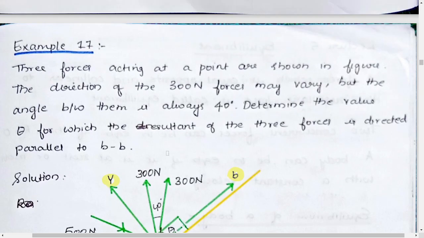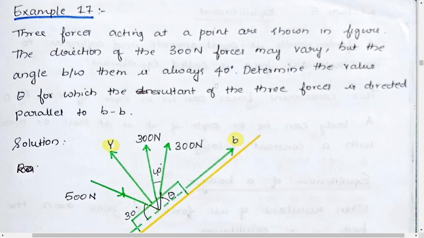Three forces are acting. The direction of 300 Newton force may vary. What they are saying is that the 300 Newton force may vary. That means this theta is varying, but the angle between them is always 40 degree.